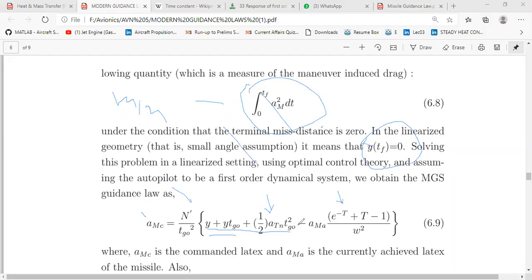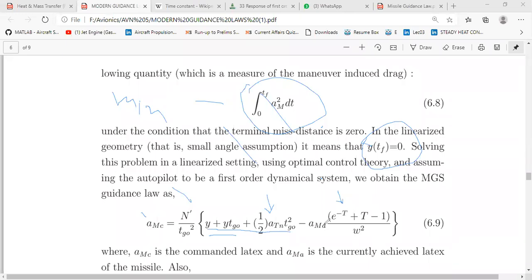So we are adding this term minus AM into the bracket e raised to minus T plus T minus 1 divided by omega square. Omega is the bandwidth of your autopilot system and T is the time domain constant, that is e raised to s and e raised to T we are considering, right?